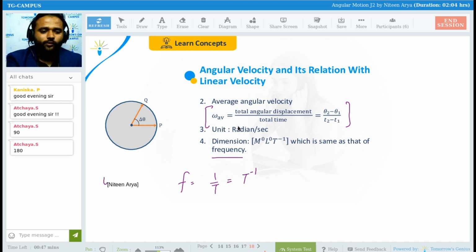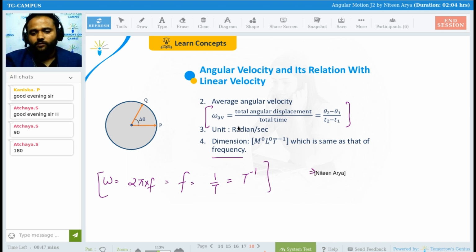That is why we can put angular velocity equals 2 pi into f. Got it now? Where omega equals d theta upon dt, and differentiating this r cross s, r is constant. So what am I going to do?